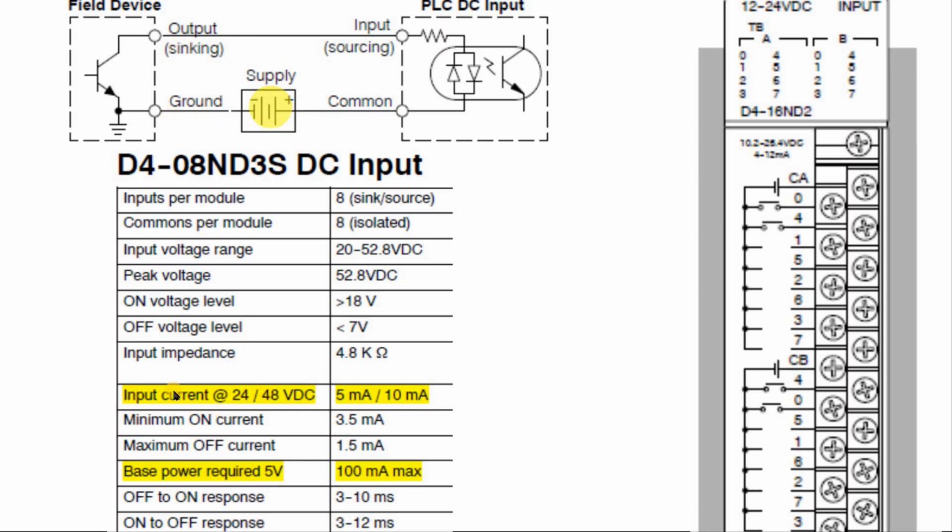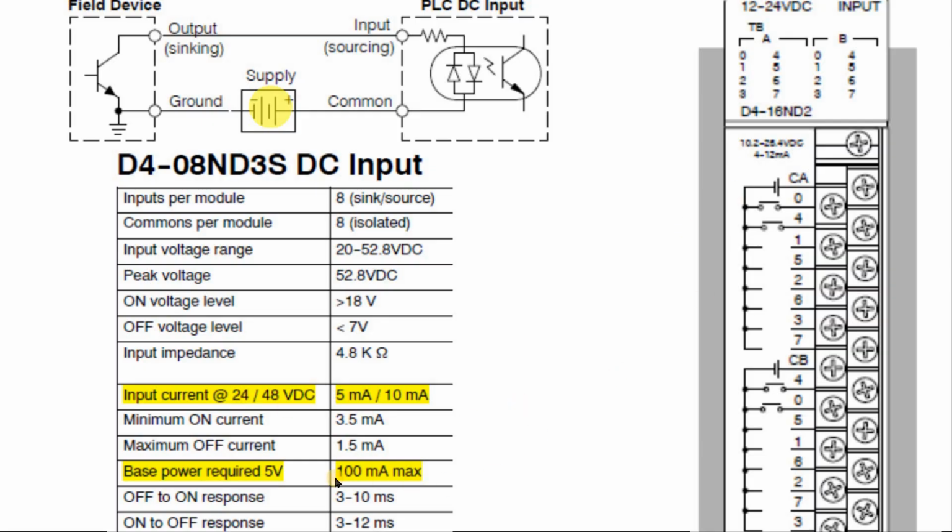So here it says input current on 24 volt DC is 5 milliamps. So if I have 16 digital inputs, you multiply the 16 by the 5. This is your milliamps from the external power supply or my auxiliary power supply.